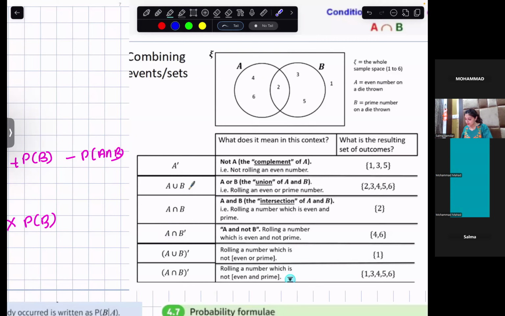A intersection B not: 4 and 6. A union B not: anything outside of A and B, which is 1. A intersection B not: everything outside of the intersection, which is 1, 3, 5, 4, 6.